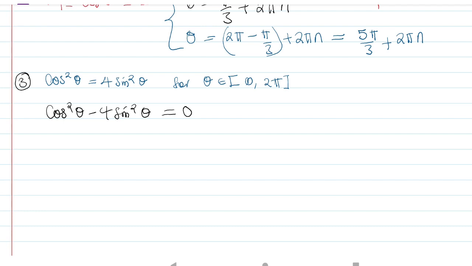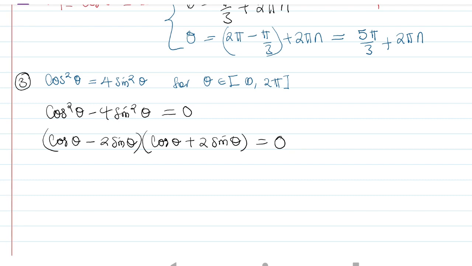So again, we can use the difference of two squares, right? So we can write this as cos theta minus 2 sine theta times cos theta plus 2 sine theta is equal to 0.